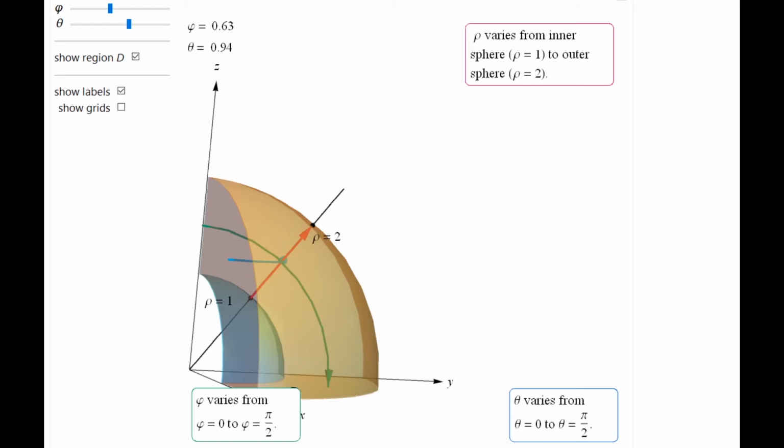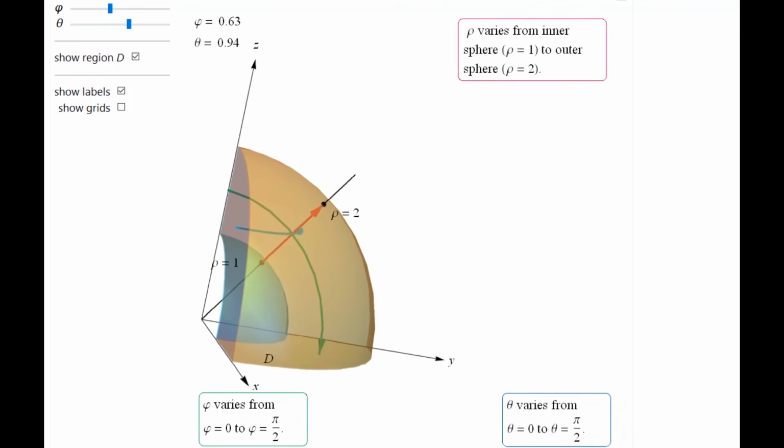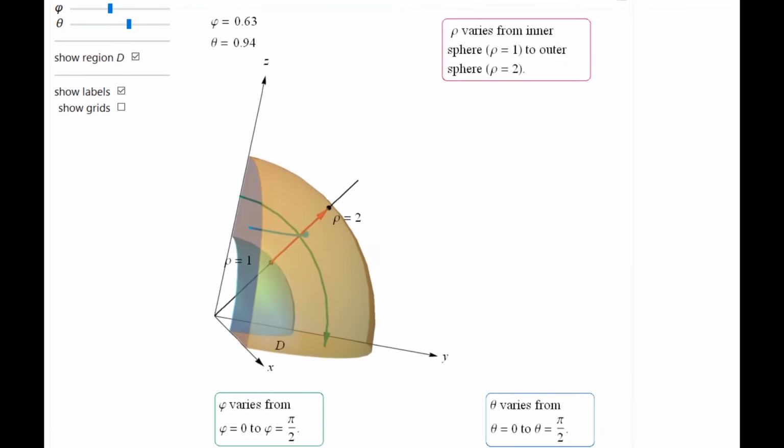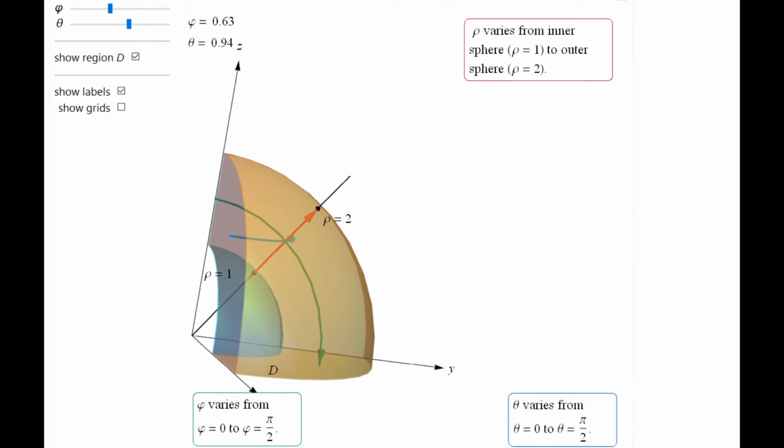So going from, if we let z be the North Pole, right, going from the North Pole to the equator in the xy plane. And theta is also from 0 to pi over 2, from the positive x-axis to the y-axis there. What you're seeing there is our region of integration, not the function.